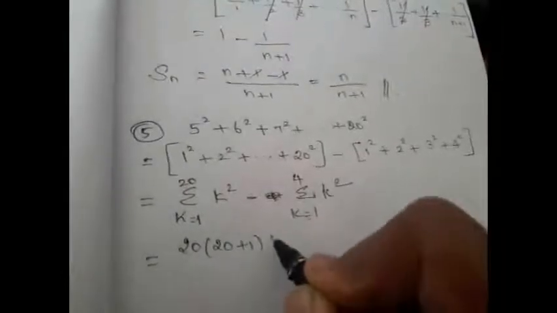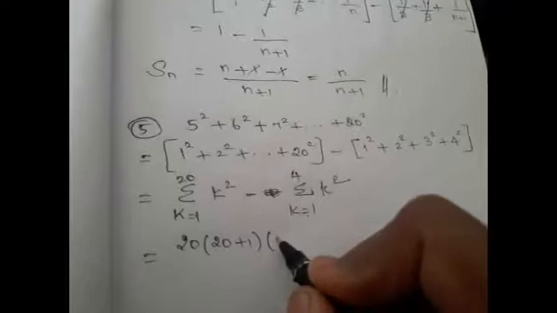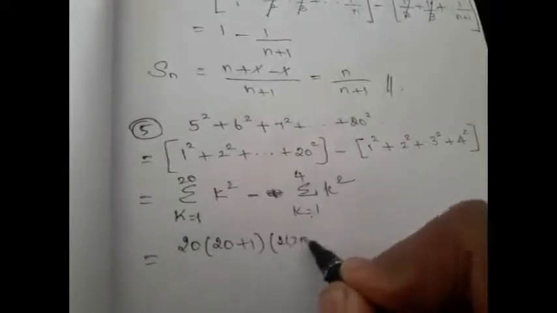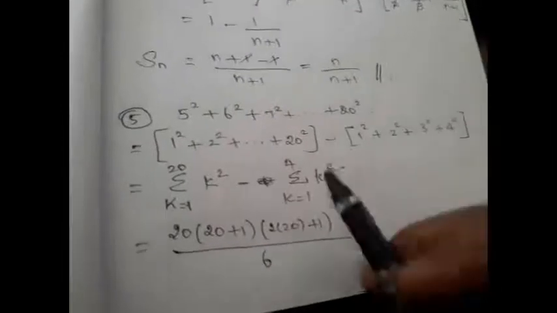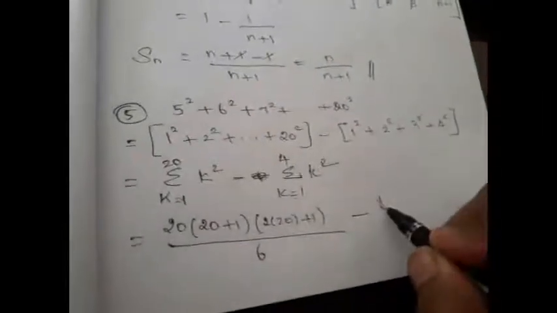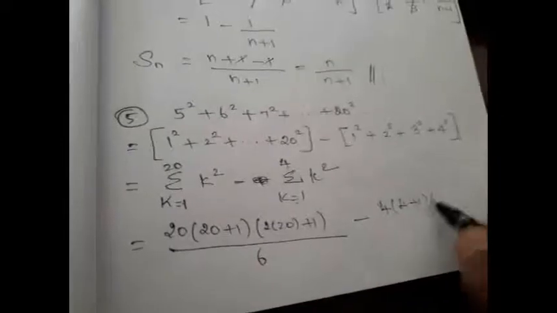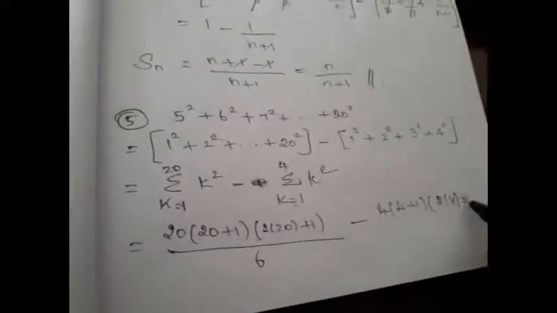It is n into n plus 1 into 2n plus 1 divided by 6. Now our n is 20. So 20 into 20 plus 1 into 2 into 20 plus 1 divided by 6, minus, here our n is 4. So 4 into 4 plus 1 into 2 into 4 plus 1 divided by 6.